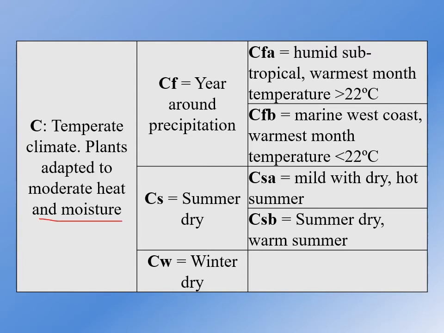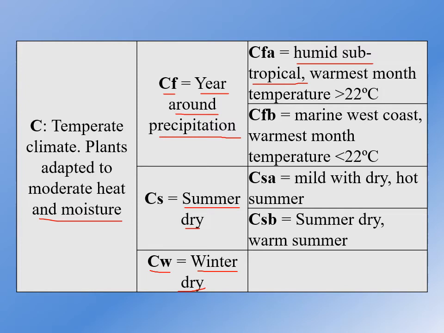The first type, that is Cf, where there is year-round precipitation, year-round rainfall. The second type, Cs, that is summer dry condition, so there is no rainfall during summer. And the third type, that is Cw, where there is no precipitation during winter. Now both these Cf and Cs can be again divided into two groups. The Cfa, that is humid subtropical climate, where the warmest month temperature exceeds 22 degrees centigrade.